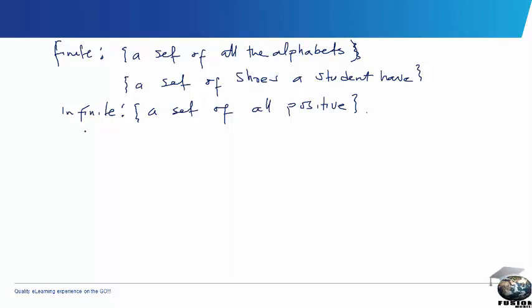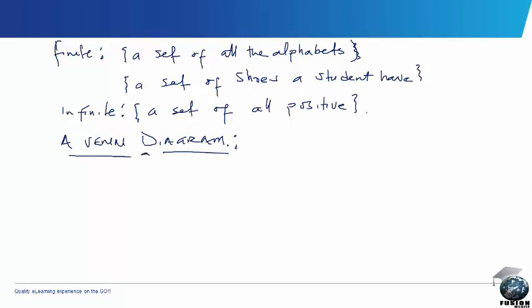The Venn diagram, because in the course of this study we'll be going through examples using Venn diagrams. A Venn diagram is a pictorial representation of the relationship between sets.